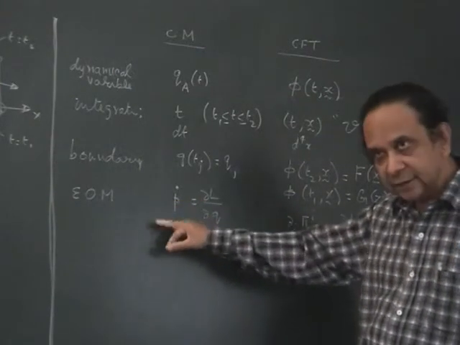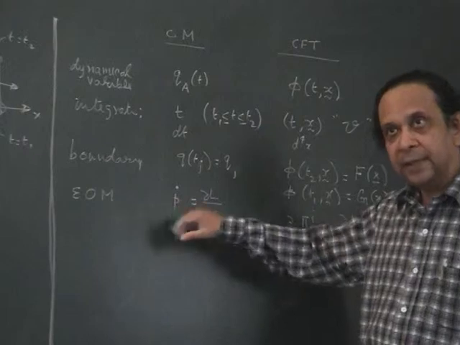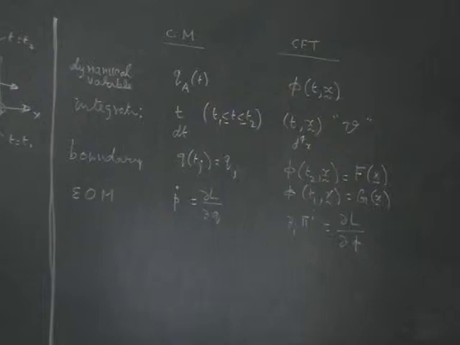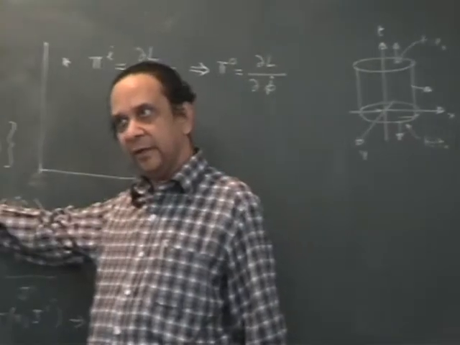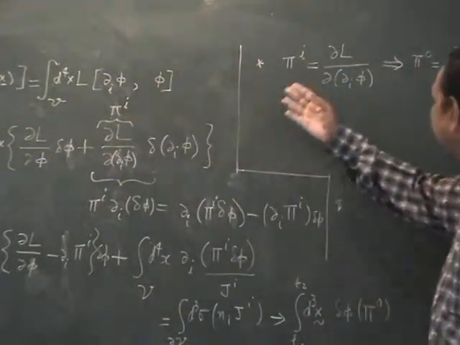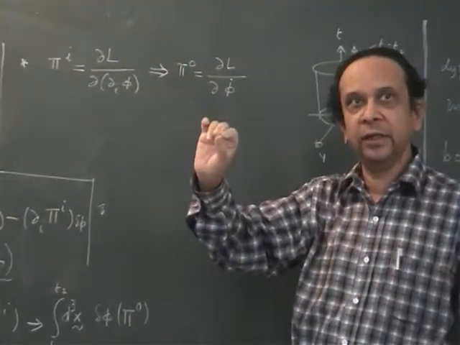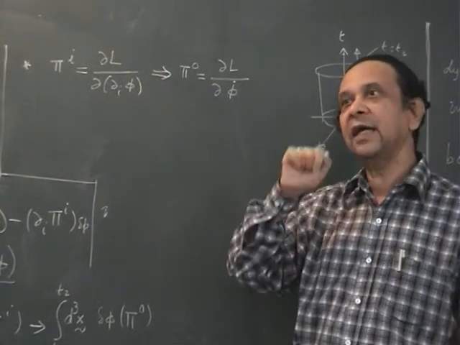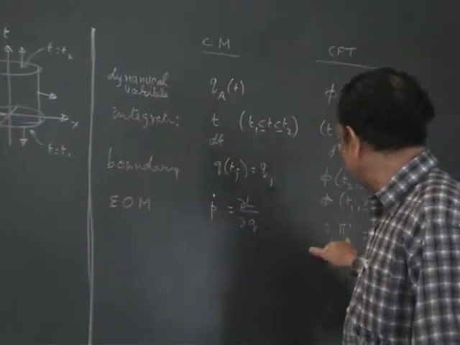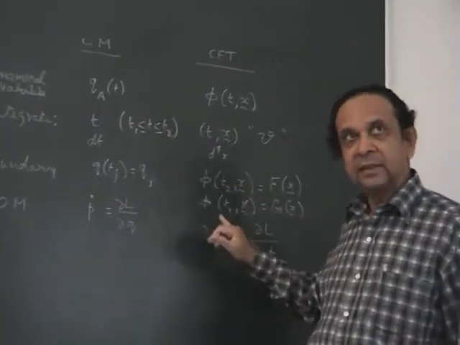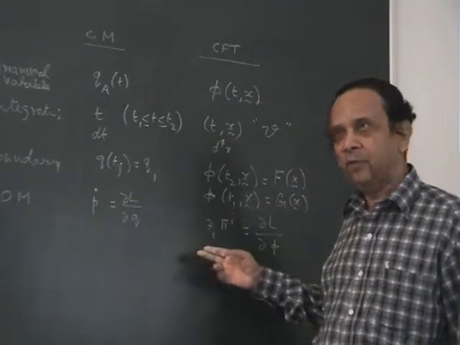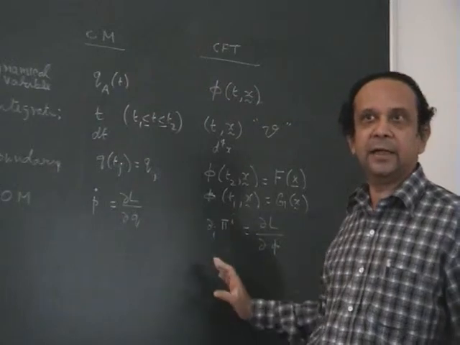Here you have d0 of the p, so to speak, 0, because the p was defined by dl with respect to d of the time derivatives. So the time derivative is the zeroth component of that. The momentum which we have been fooling around with originally was just the zeroth component, and you had d0 of that zeroth component equal to something. Here you have the d0 of pi 0, then d by dx of pi x, d by dy of pi y, etc. With a flip in the sign in order to take care of that.